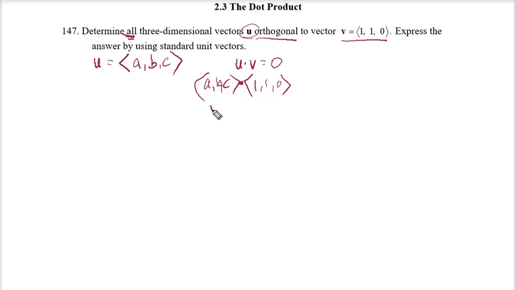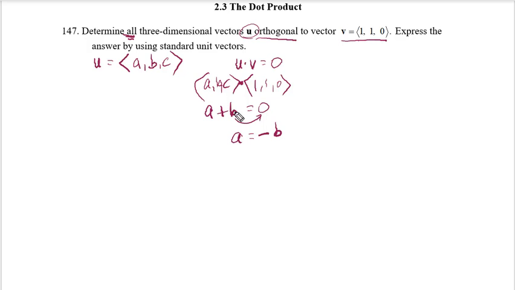The dot product would be A plus B plus 0, and that has to be a 0, which means if we move the B over, A has to be equal to a negative B. So we can use any values as long as the second component is the negative of the first component, or vice versa.